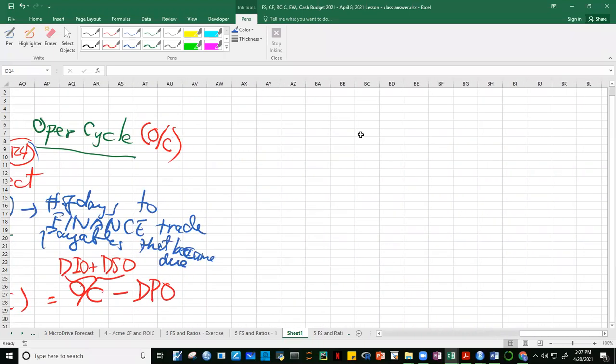Let's take a look at it from a diagram's perspective. Again, guys, paki-dictate nga guys, ilan yung DIO niya? How many number of days guys yung DIO ni industry or ni competitor?